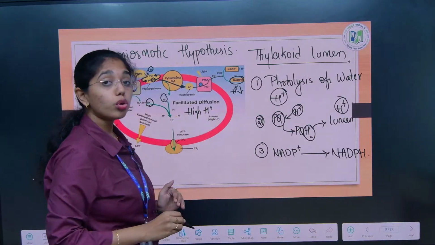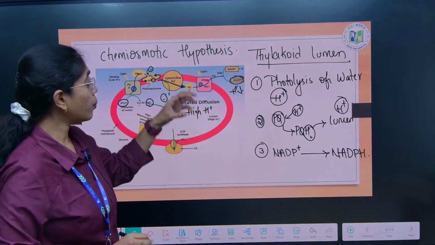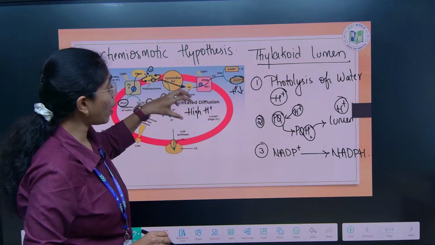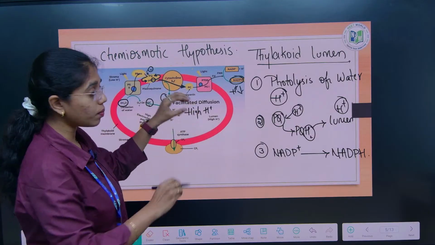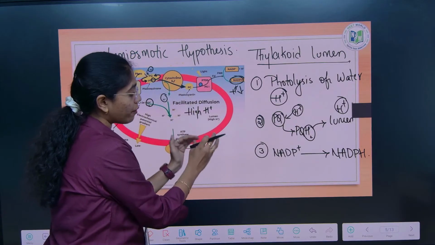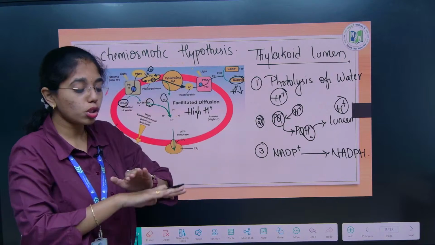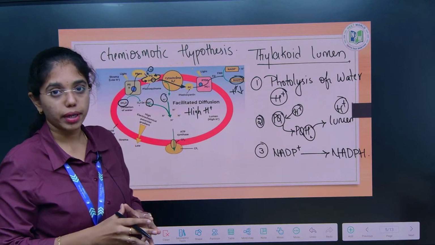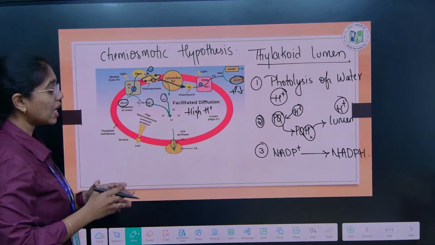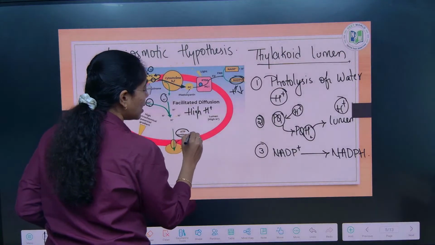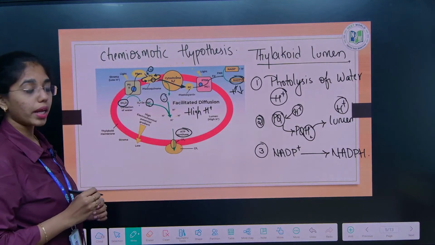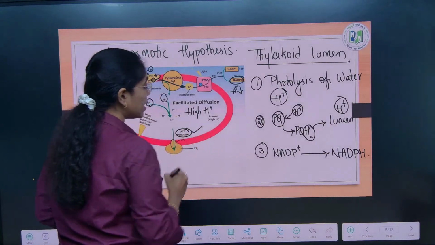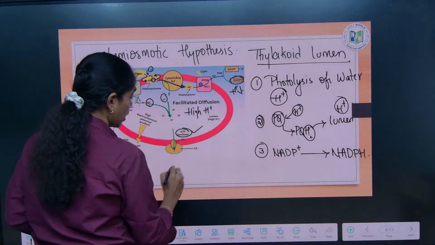Now, to attain equilibrium, from which direction to which direction do we need to pump the protons? From the lumen, protons have to get into the stroma so that they attain equilibrium. For this, a channel is activated in the thylakoid membrane, that is known as the ATP synthase complex. What is the channel name?